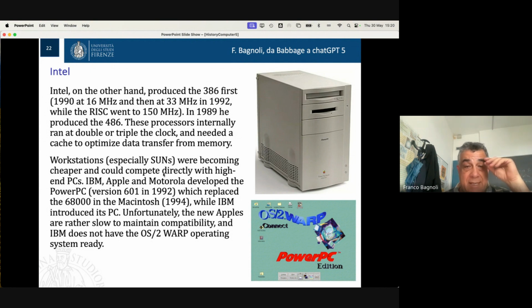Also Sun, who developed its own chips, at a certain point adopted the Intel chip for some of the low-end products.